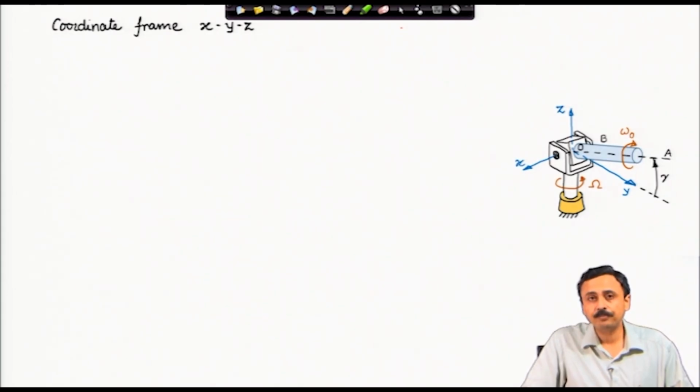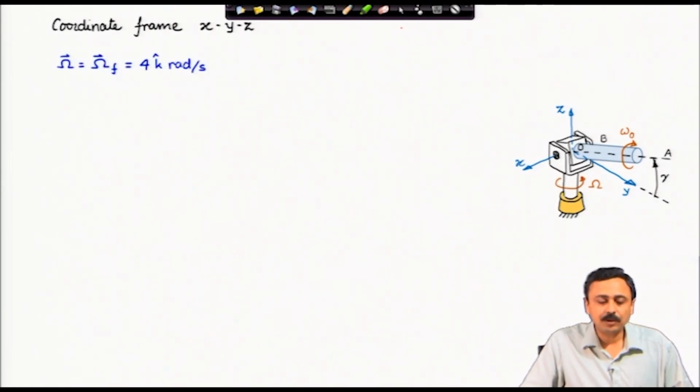Now, this frame is a rotating frame, of course, because it is rotating with the clevis at an angular rate capital omega. However, it is not attached to the body or to the axis OA, therefore the change of angle gamma is not reflected in the rotation of the frame. The frame is rotating only because of the rotation of the clevis about the vertical axis.